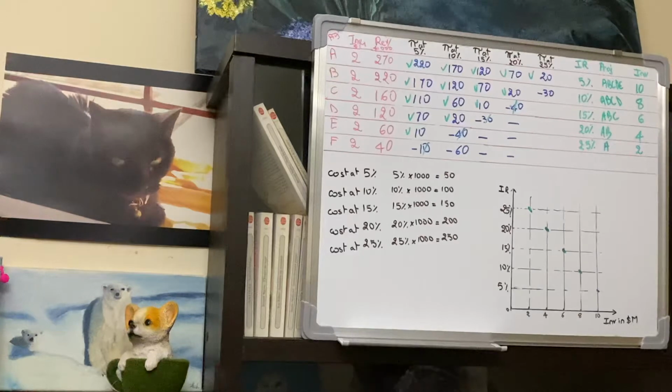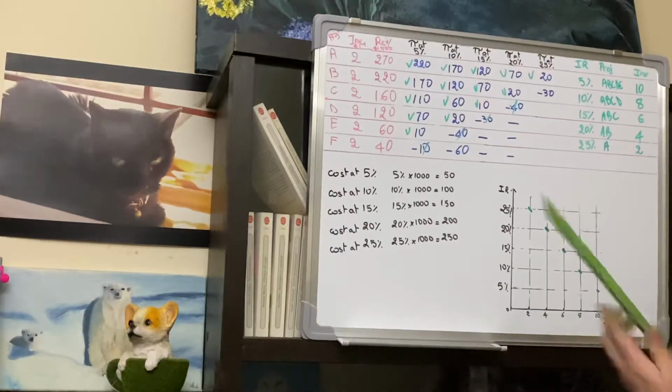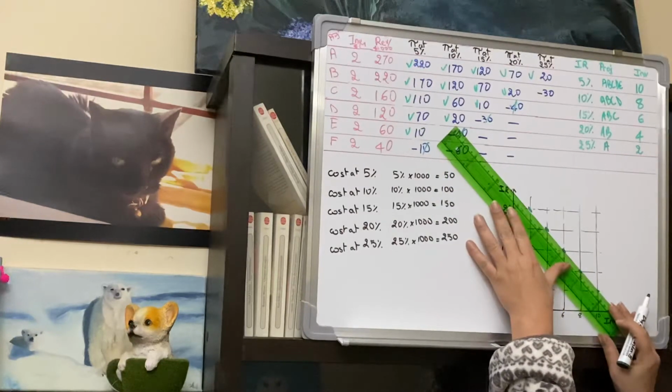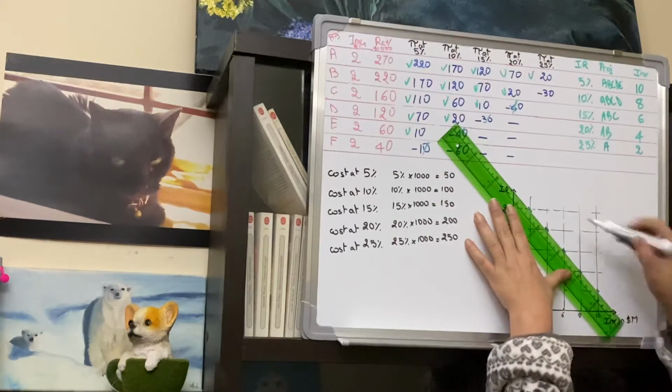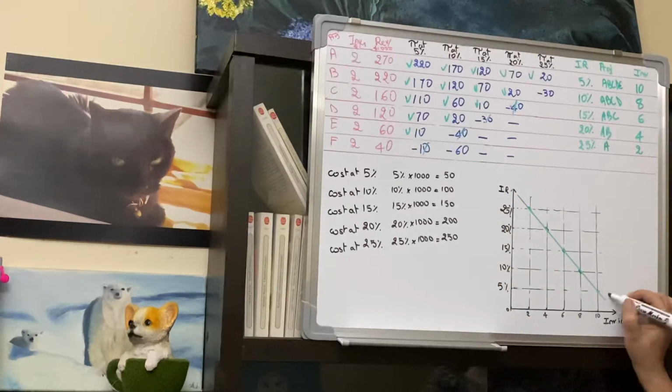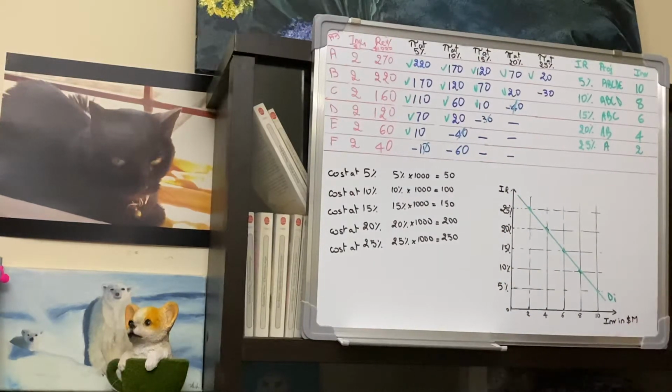It is a straight line. It's going to look something like this. And that's your demand for investment without the tax.